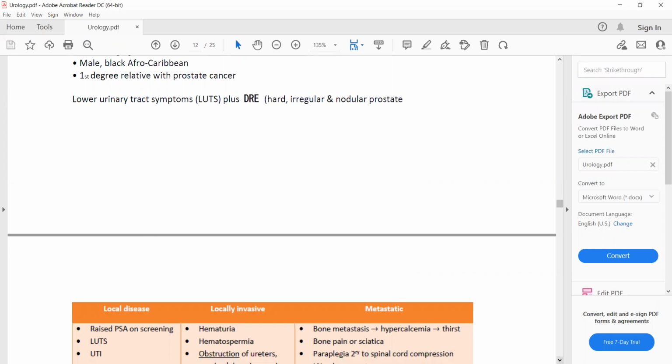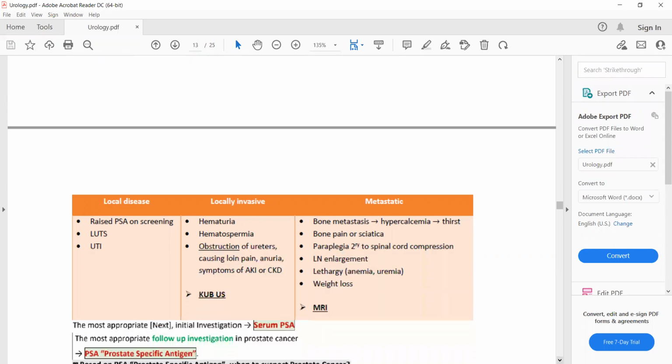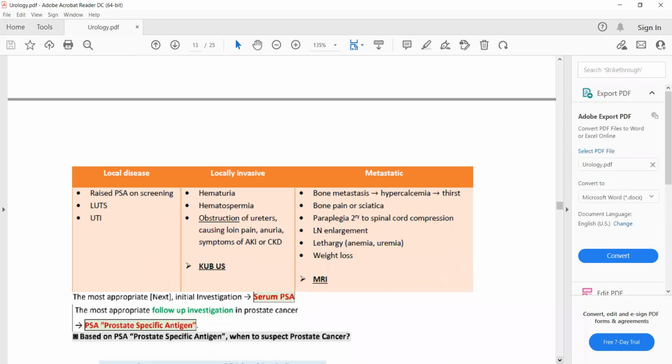So prostate cancer can cause local disease, locally invasive disease, and metastatic disease. Local disease will present with lower urinary tract symptoms, raised PSA, and a nodular or irregular prostate on DRE.